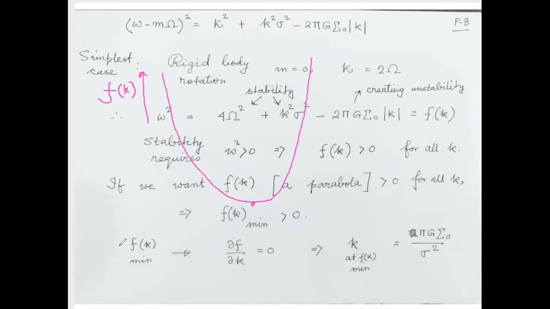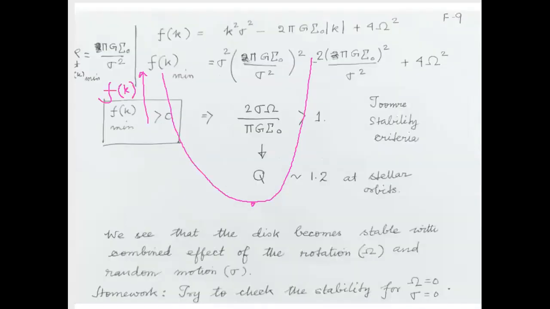So f(k) minimum will come from del f by del k equals 0. That gives me a value of k at the f(k) minimum, which is equal to this. And I can now use that value and put it back here. Sorry, this is supposed to be k. So let me just draw it here.